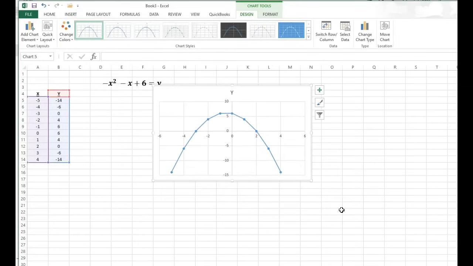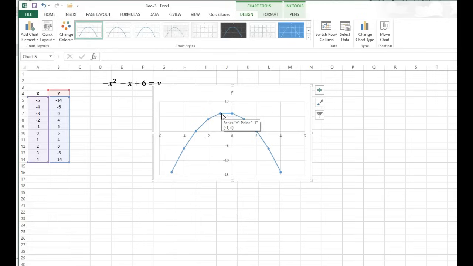Alright, so the answer to this equation is right here, where it crosses. Where X is 2, we get 0. Where X is minus 3, we get 0. Right between 2 and 4 is 3, so minus 3. And the head of the curve is right here.